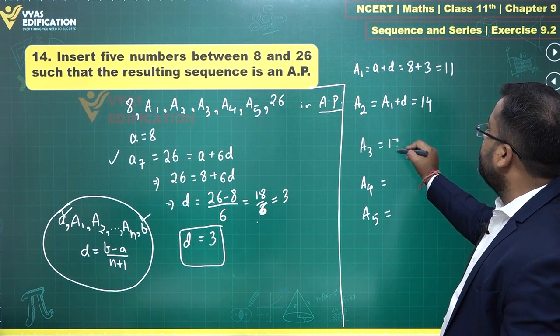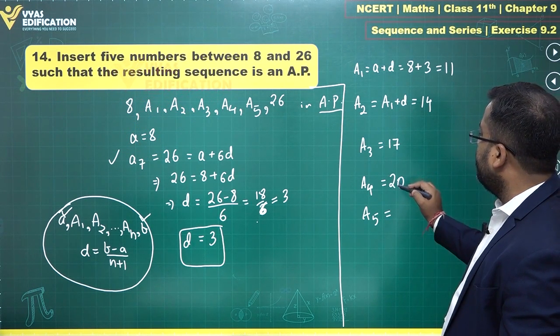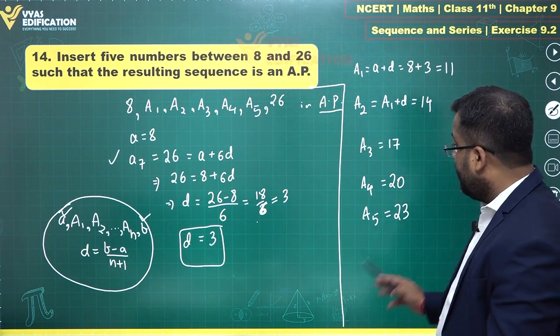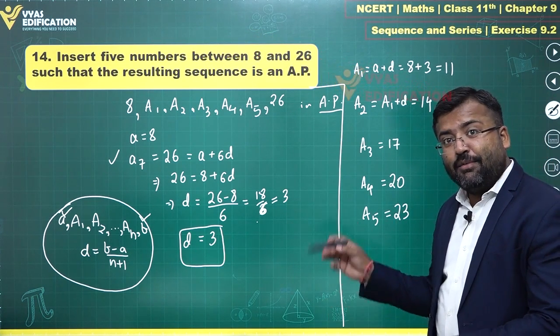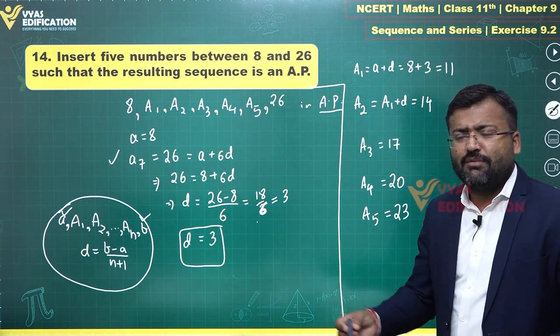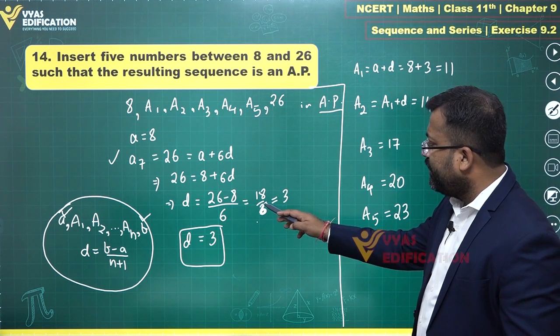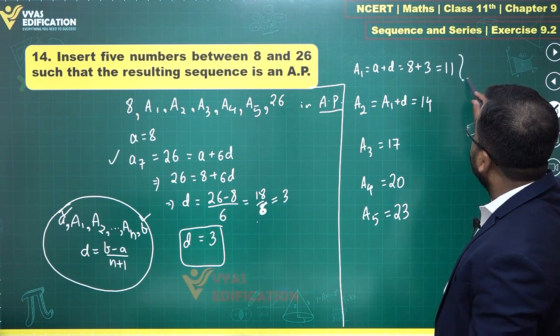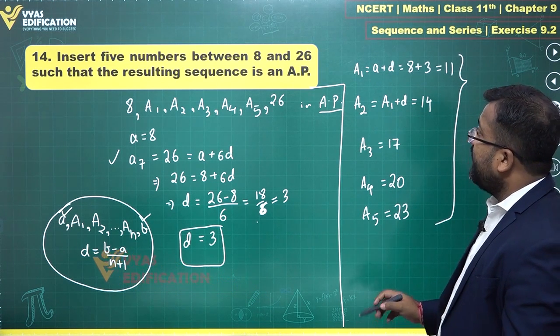Then 14 plus 3 will be 17, and 17 plus 3 will be 20, and 20 plus 3 will be 23. How did I guess that? Because after adding 8 by 3 in the previous one, I was getting a 24, not 26, right? So there was some error in the calculations, and therefore I could check that. Arithmetic progression questions are relatively easy. So these are the 5 numbers.